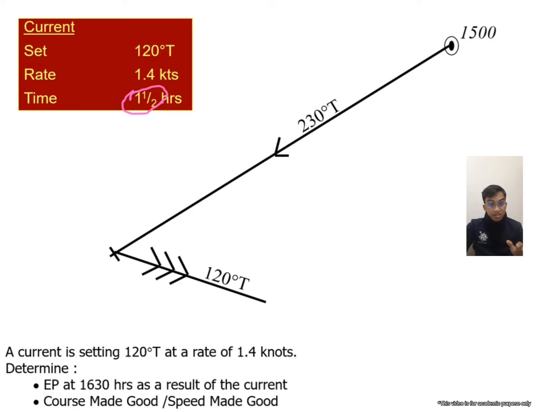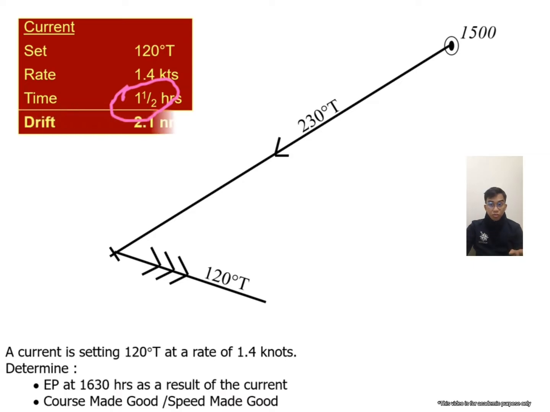As a result of the current, you have to find the course made good and speed made good. The current speed is 1.4 knots, so in 1.5 hours the current would result in a drift of 2.1 nautical miles.